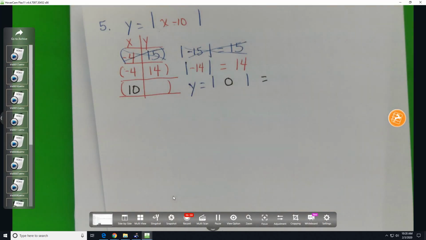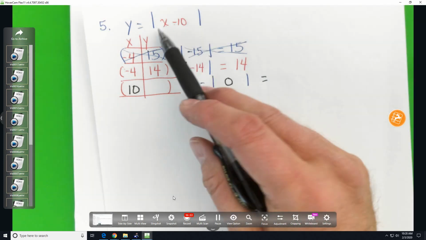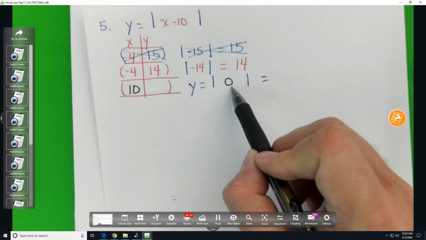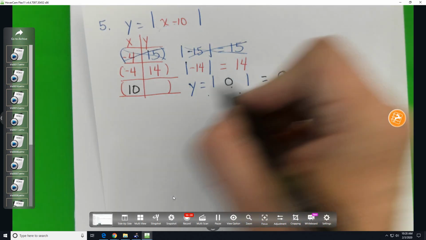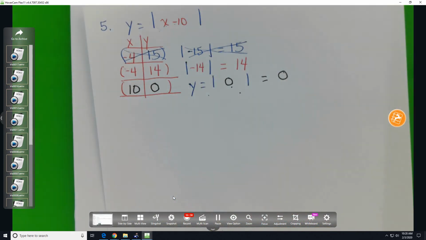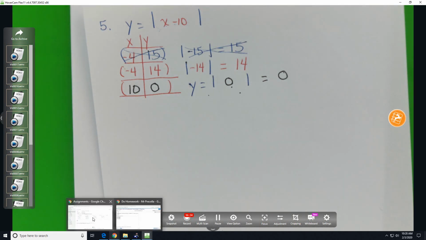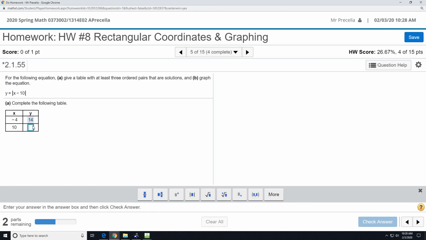Okay, so I'm plugging a 10 in for x. The 10 minus 10 is 0. The absolute value of 0 is 0. Okay. So how many of these are we going to have to do? It is 0.